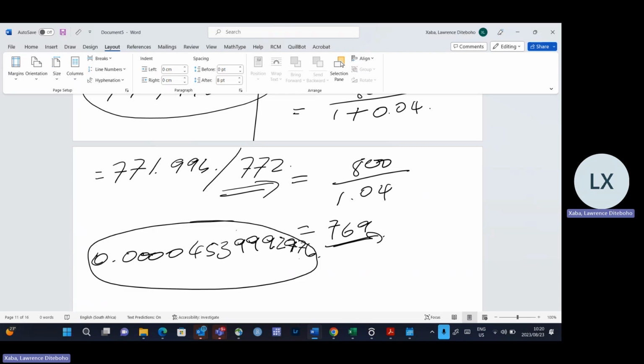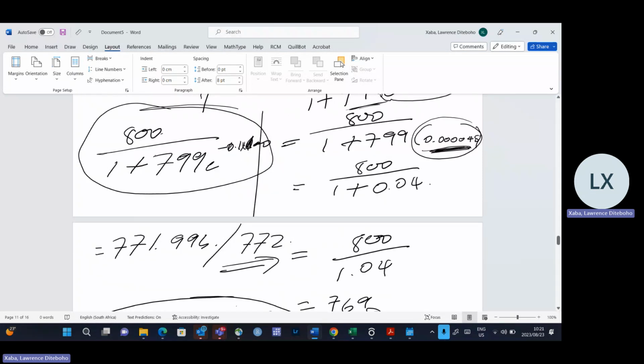Let's see what we get. This is what you get, plus 1. Then 800 divided by the answer. Yes, it means we are not supposed to round it to 7 numbers after the comma.